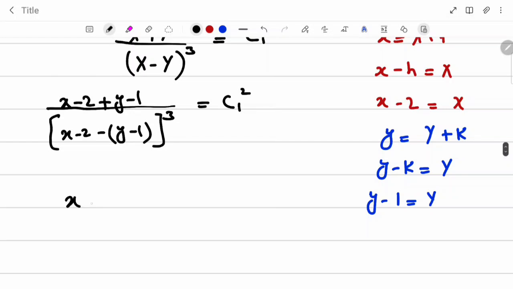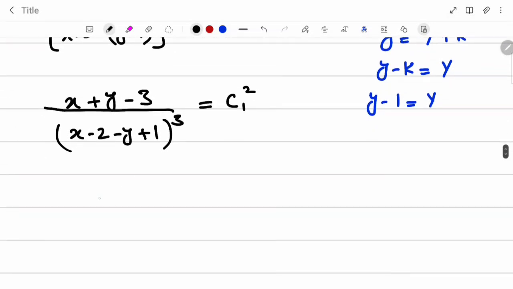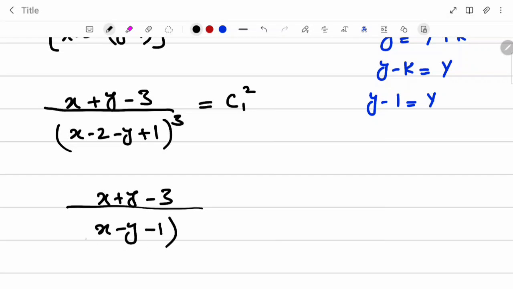So it is x plus y minus 3 upon x minus y minus 1, whole cube, equals c1 square.